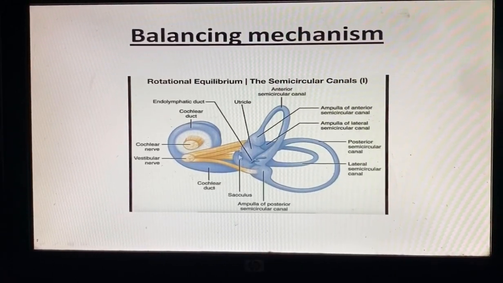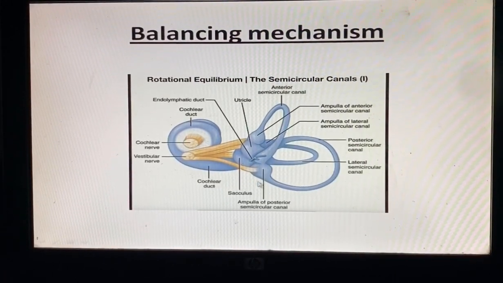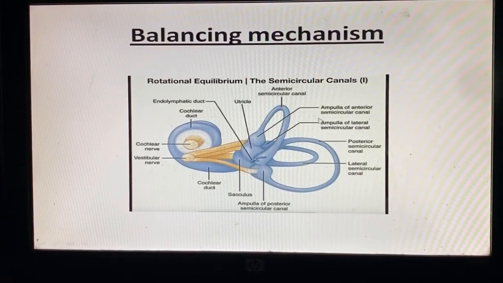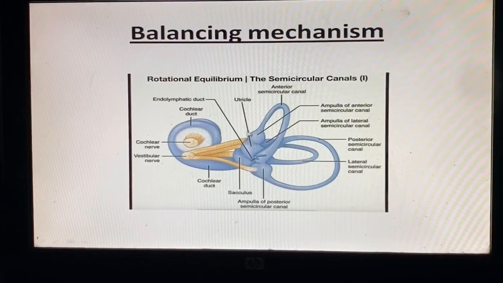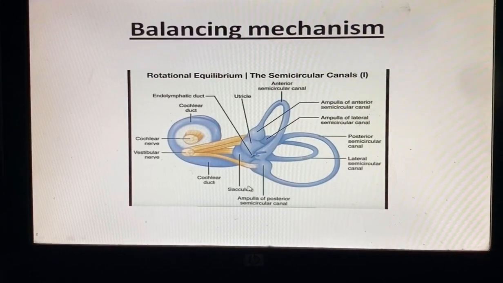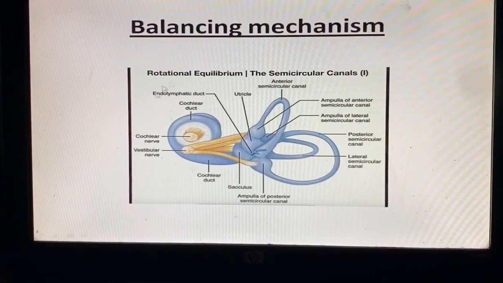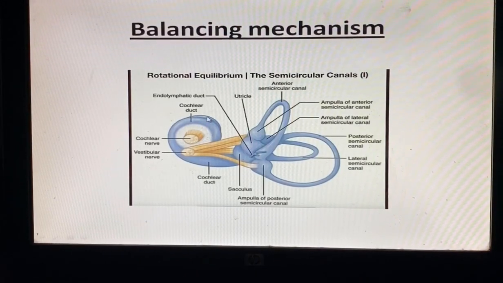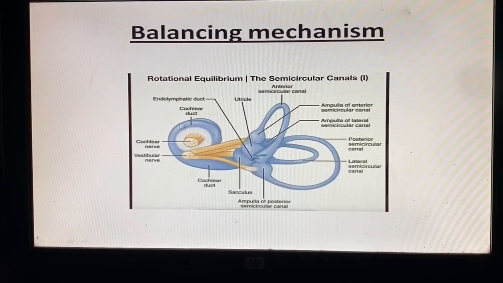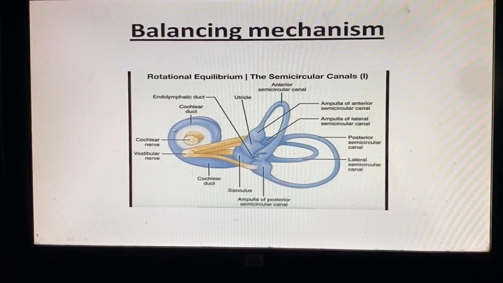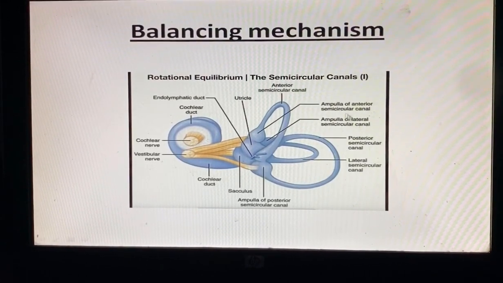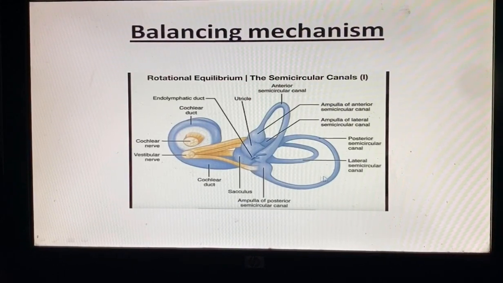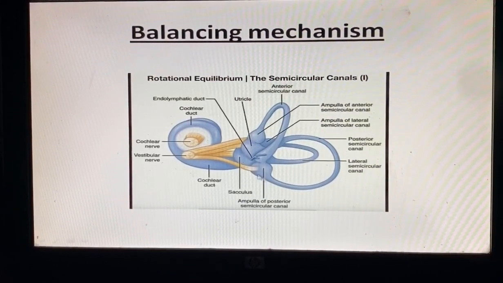small parts of the internal ear called the balancing units, or the semicircular canals, utricle and saccule, right? And for review, I want to repeat that this is the cochlea. This is involved in hearing, and this portion is involved only in balancing.